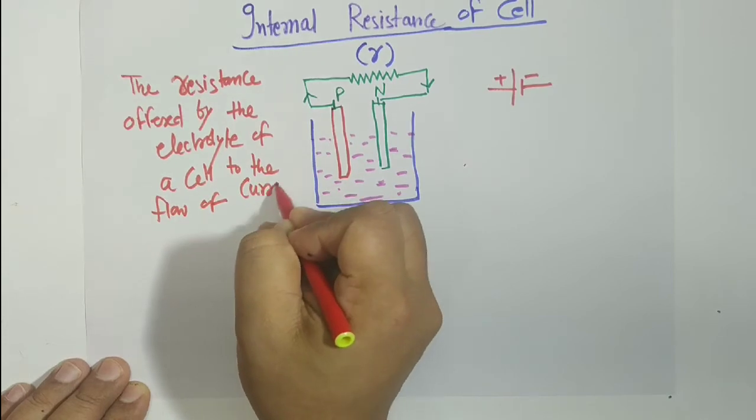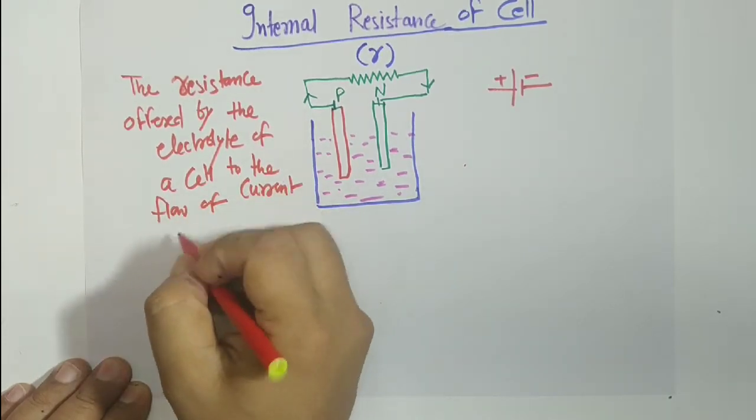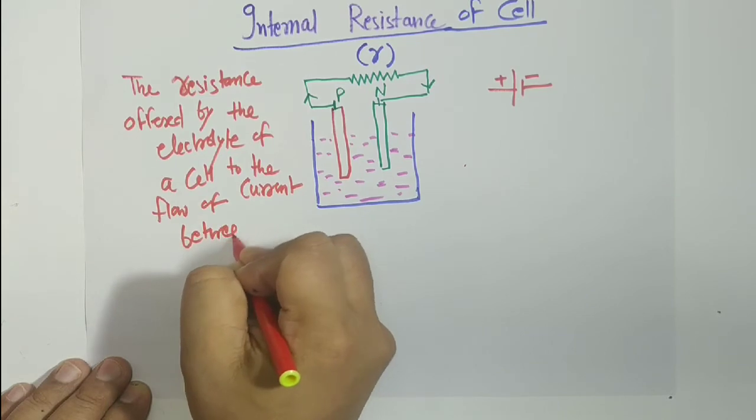You know that the bulb was not glowing with the old cell, so it is the resistance to the flow of current between the electrodes.